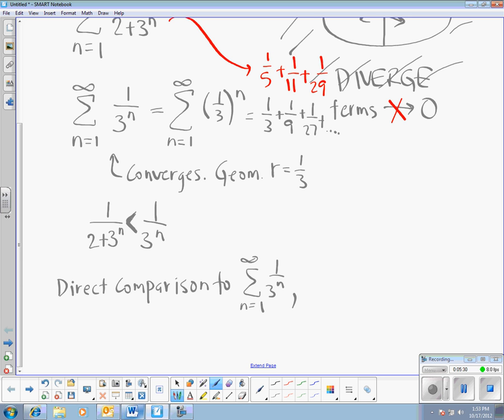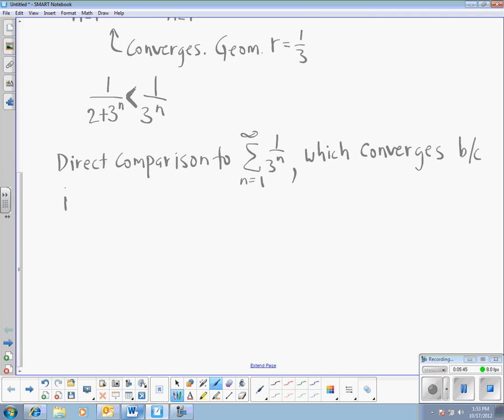Now you need to say what you know about the one you're comparing to, and that's that it converges because it's geometric with r equal to 1/3.